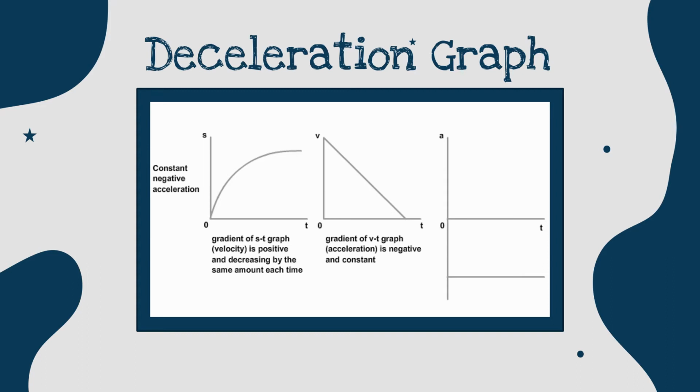And then for v over time is the same linear graph, but it's decreased because the velocity decreases over time. And for a over time, we can see that the acceleration is negative. So it's parallel to its x-axis, but the value of the acceleration is in the negative axis.